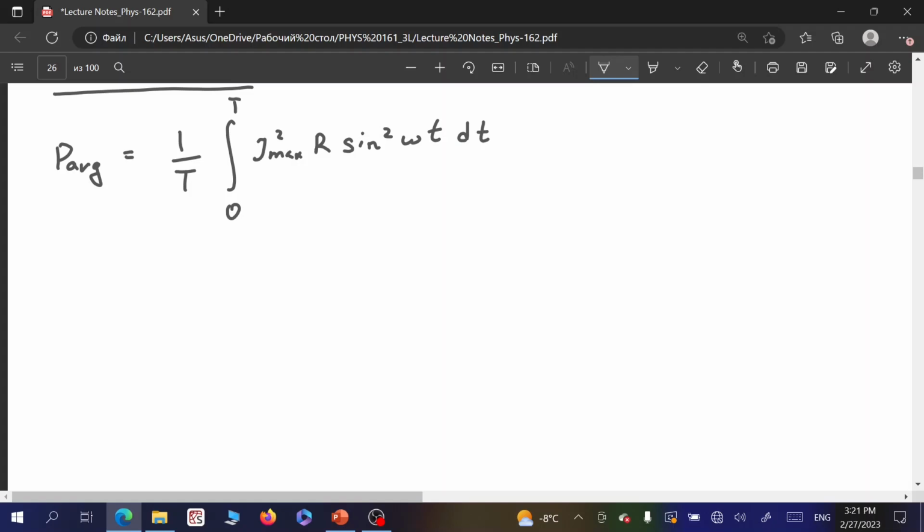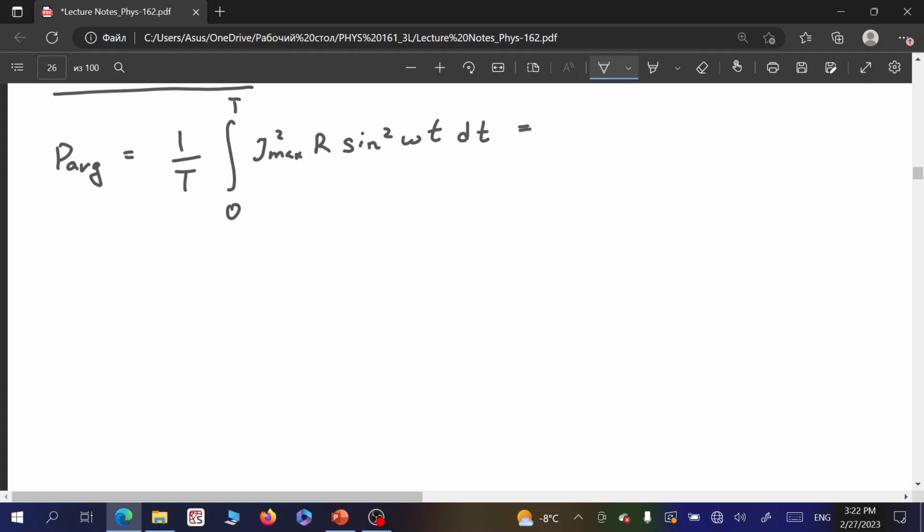So we have the instantaneous current which flows through the resistor in second power, multiplied by the resistor. This expression under the integral is the instantaneous power dissipated over the resistor in our AC electric circuit. To get the average, we integrate from 0 to T and divide by the period of this AC current.